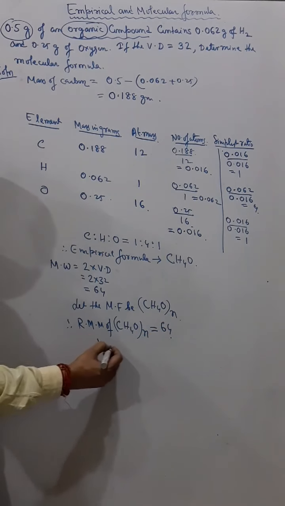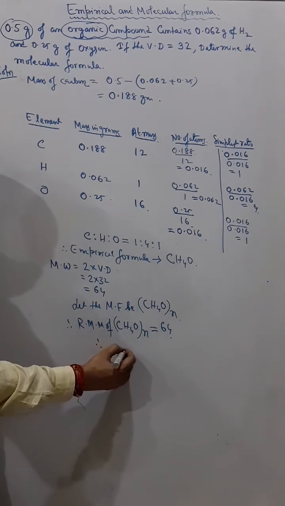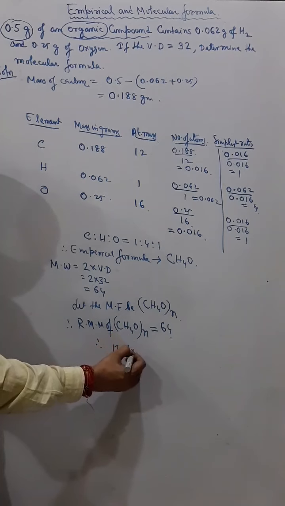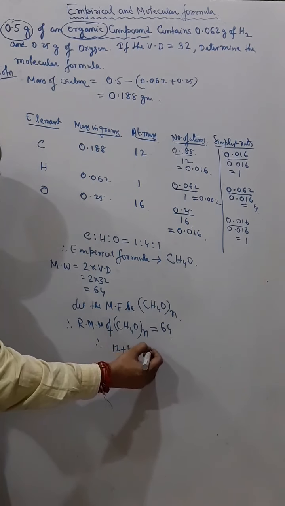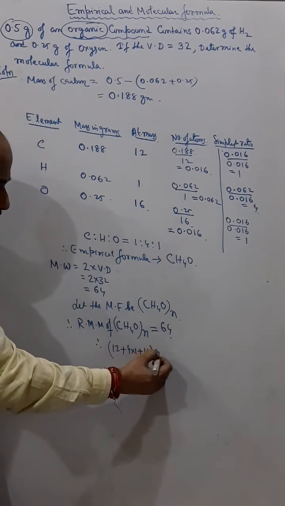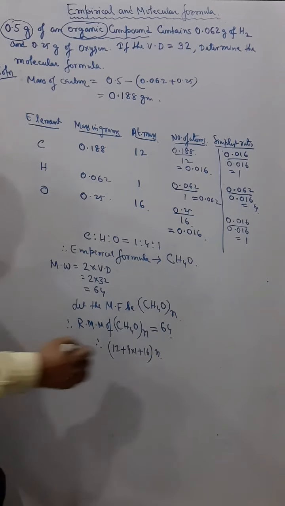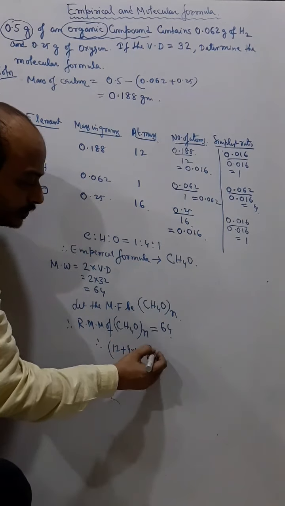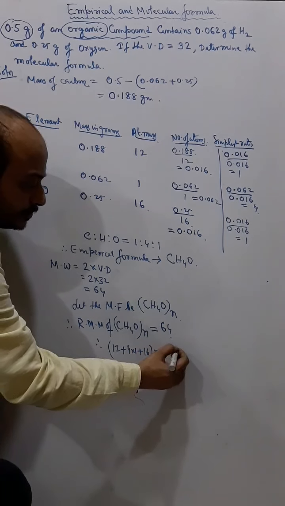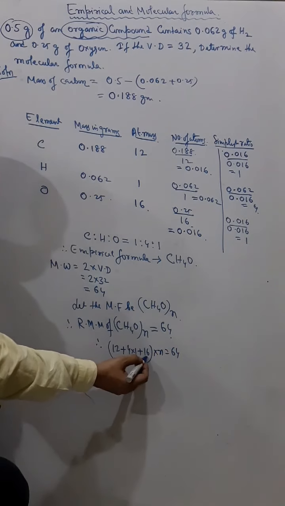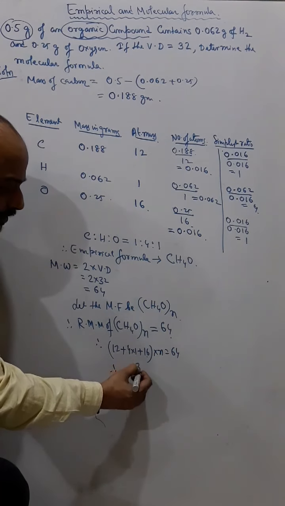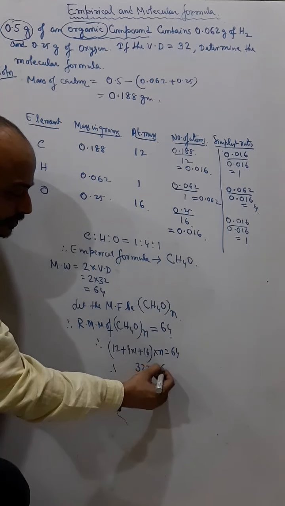Now we will calculate: C is 12, plus 4 into 1, plus 16, all into n, is equal to 64. So you are getting 32n is equal to 64.